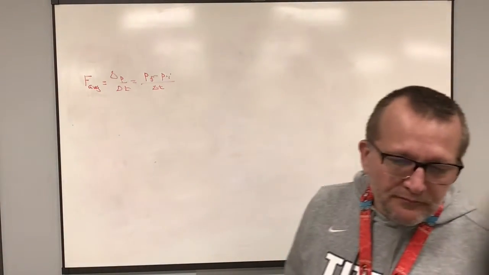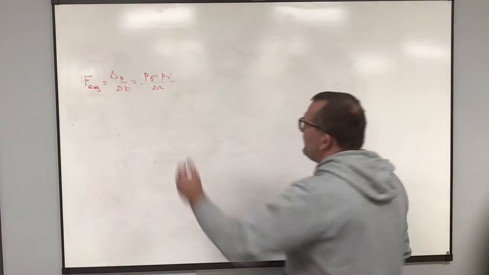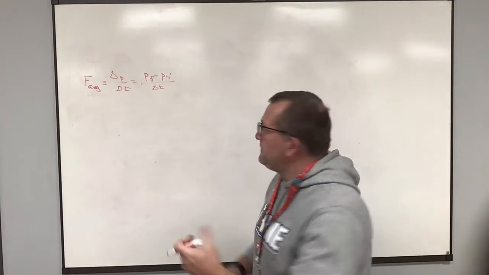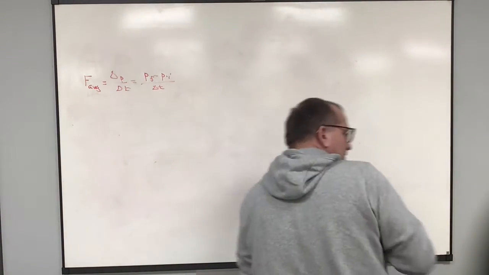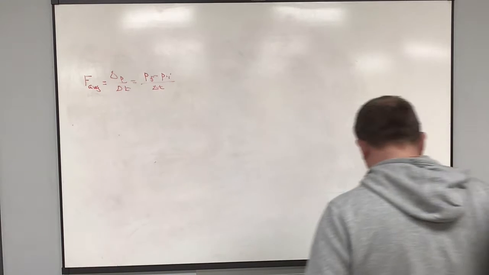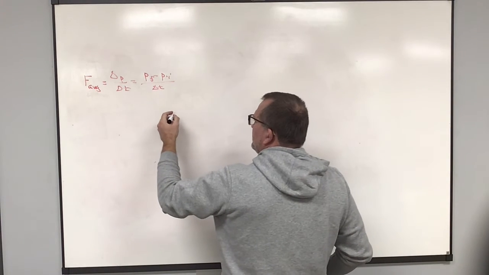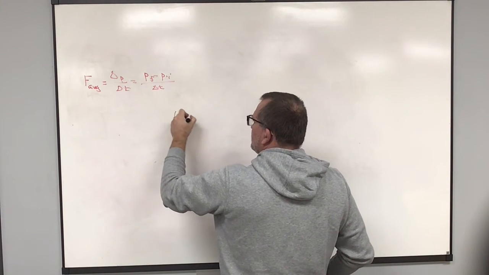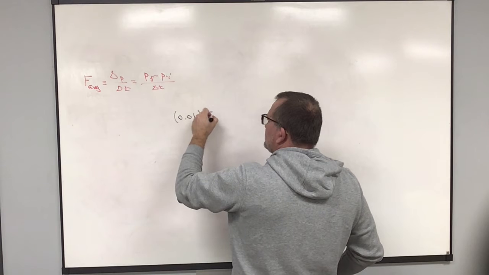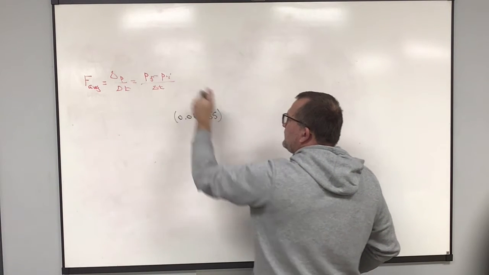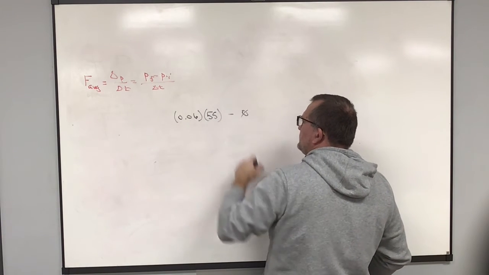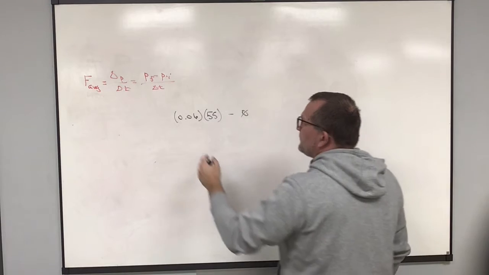So let's look at the final momentum. It's leaving with the speed of 55, so I've got to say the mass times 55 is my final. Since it's not moving initially, the initial is going to be 0, right?